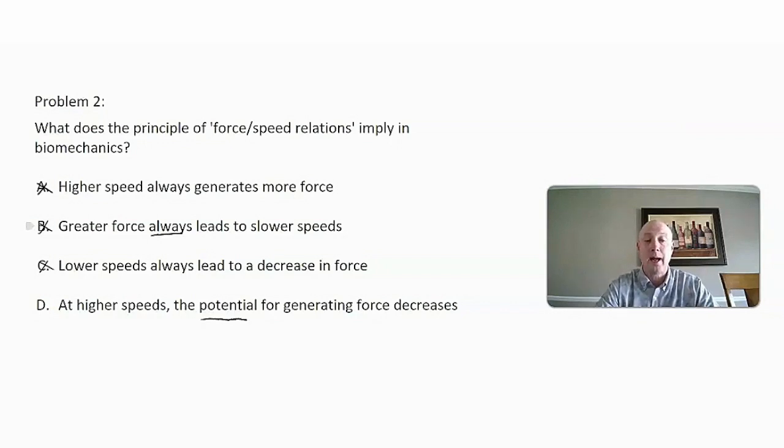But in choice D, at higher speeds, the potential for generating force decreases. Again, we're focusing on the force-speed curve. As the speed goes up, the potential for force goes down. For example, as your muscles contract faster, it's harder for them to create force. So in this case, I think the correct answer is D.